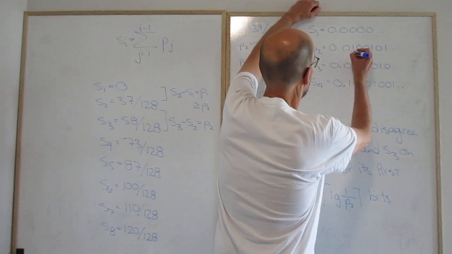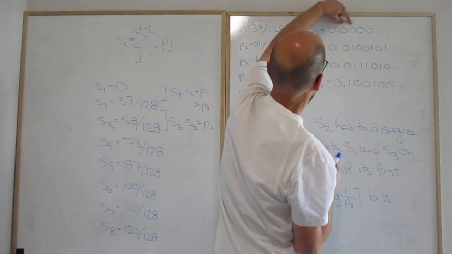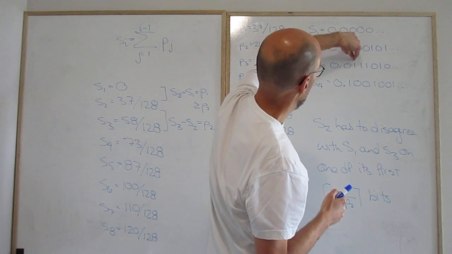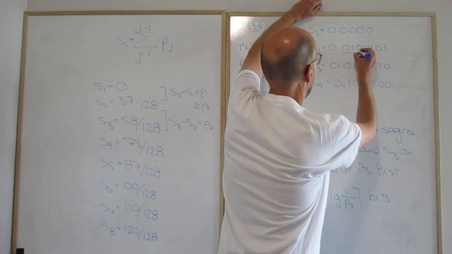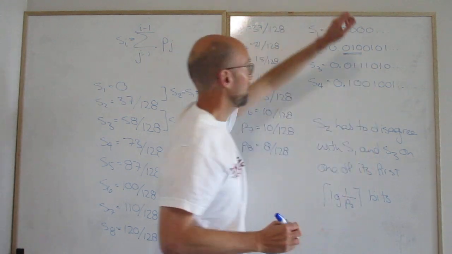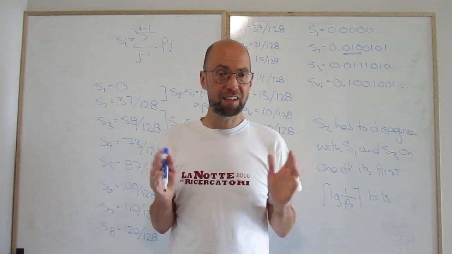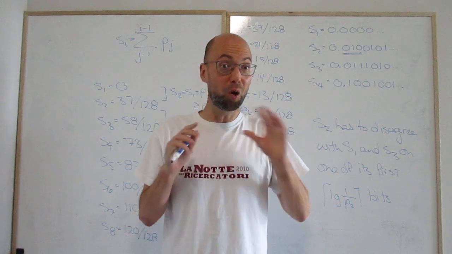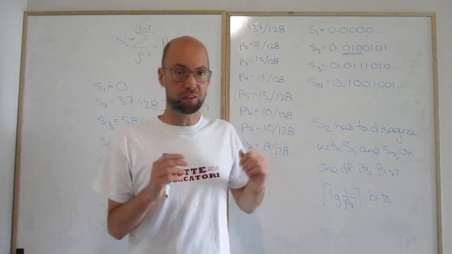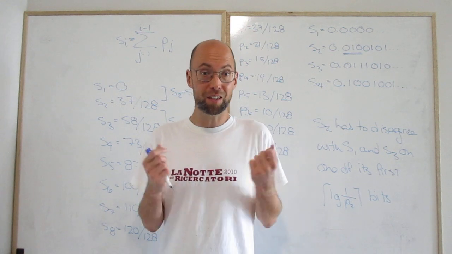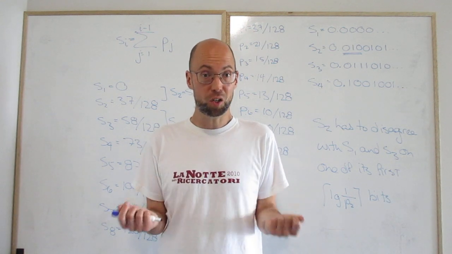Okay, so that means that if we look here, it differs from S1 on its second bit, and it agrees with S3 on its second bit, but if we take this prefix, these 3 bits, 0, 1, 0, S2 is the only one of these that's going to start 0, 1, 0. So we can use 0, 1, 0 as the second code word.